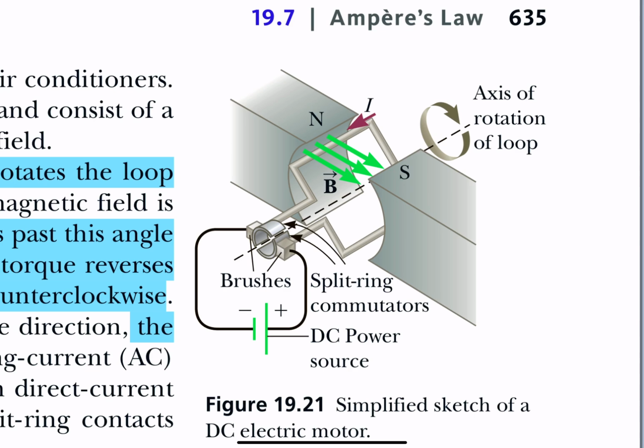That's why we call it a brush. When I had some slot cars way back as a boy, it was an actual brush of many, many fine wires. Here it's just represented by a little block. But they're not welded together. The semicircle commutator, the split ring commutator, can smoothly slide against the brush.